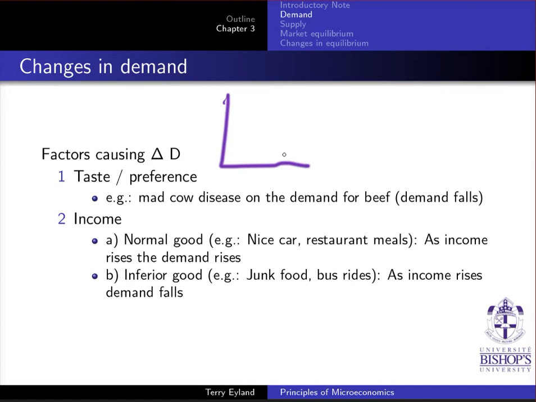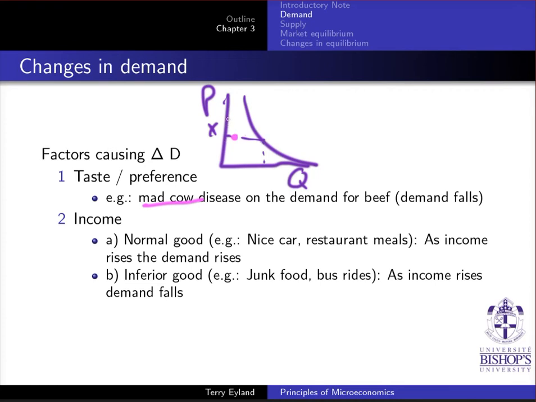So if I think of a situation where I used to buy beef, even though beef was a certain price per kilogram, I used to buy a certain quantity of meat. Now, not because the price has gone up, but because a mad cow disease has been discovered, even if the price has stayed the same, I might fall to a situation where for that same price as before, I demand less.